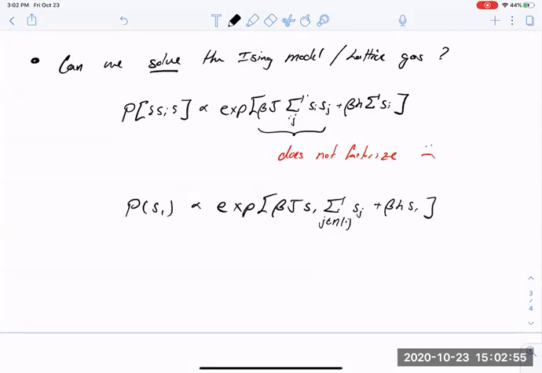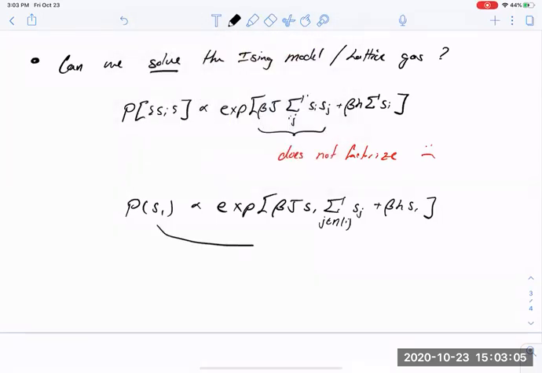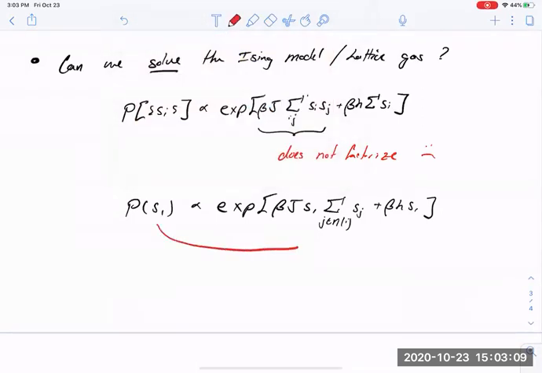If all I had was the beta h term, that would be a non-interacting spin system. We can solve it and have done so previously. But here, spin 1 manifestly depends on spin j. Spin j would depend on spin 1. So these are coupled relationships that are not going to be easy to disentangle.